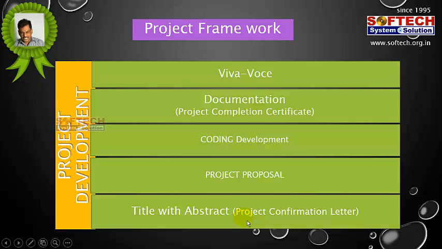Then we describe the table. Then we create the data flow diagram, the DFD, with level 0, level 1, level 2, level 3. After that we draw the ER diagram, class diagram, use case diagram.